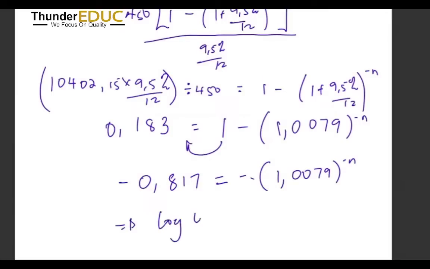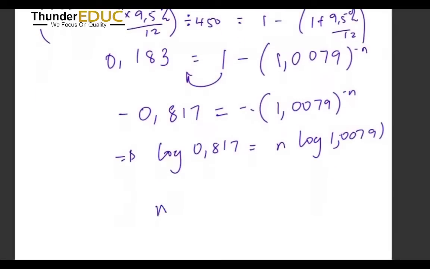So I have the log of 0.817 is equal to n log 1.0079. Divide both sides. So the log of 0.817 over the log of 1.0079. This should give us our answer.